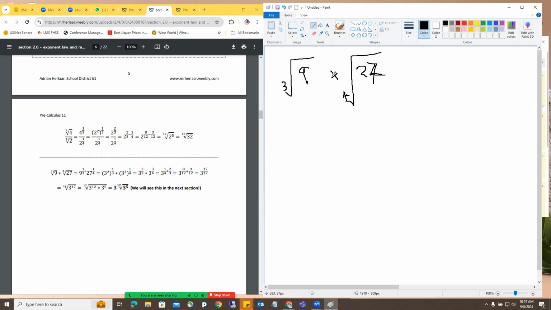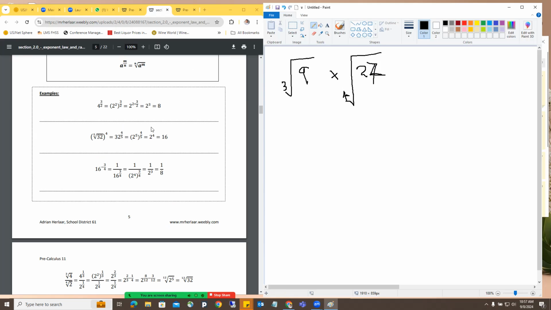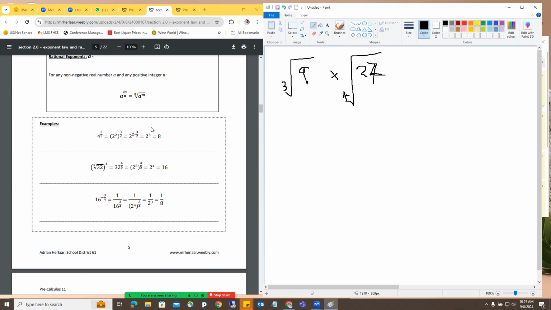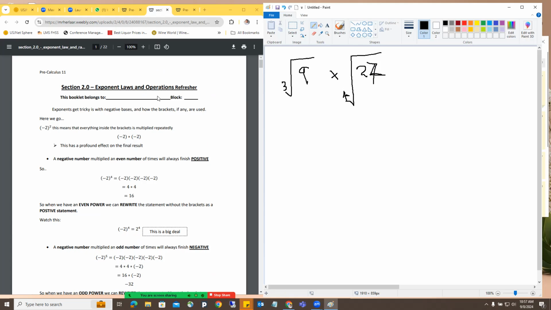Find out the values for this one. Okay, we'll do it like this. So I'll start from the top part and I'll move forward quickly. These ones you should know now, and we already did this kind of ones. So the first part would be exponent laws and the operations refresher.